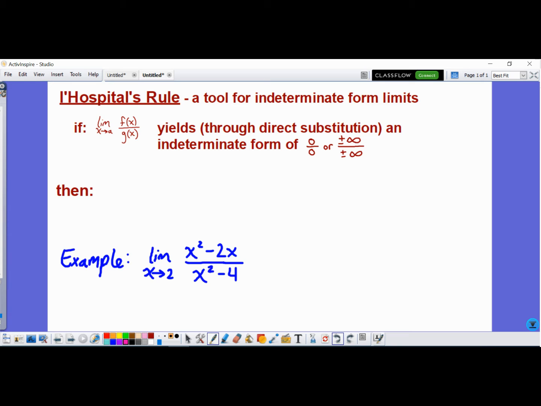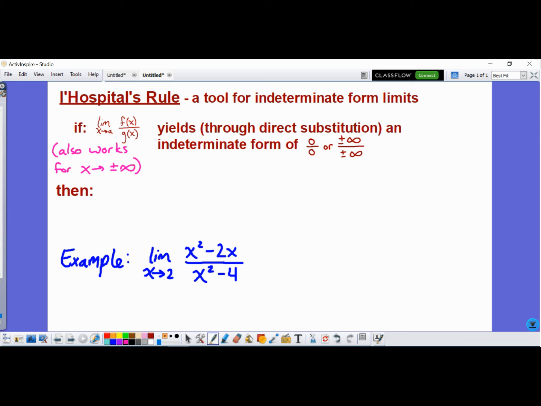So here's the basic rule itself. If you're trying to find a limit as x approaches a of f of x over g of x, and by the way, a implies a constant, but this will also work for limits at infinity. So in place of a, it also works for x approaches plus or minus infinity.